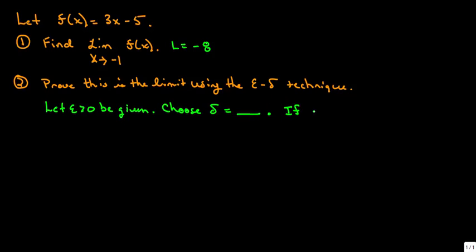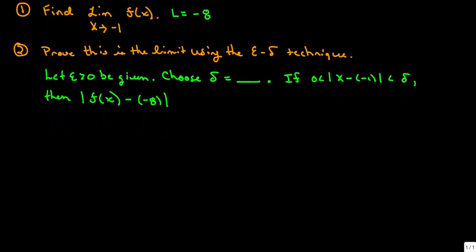If our x values are less than some delta value, which we're going to pick, if that's the case, then we need to show that the function values away from the limit are less than epsilon.